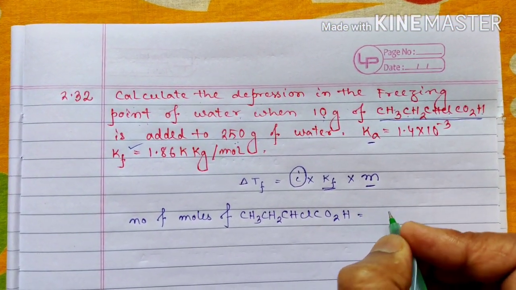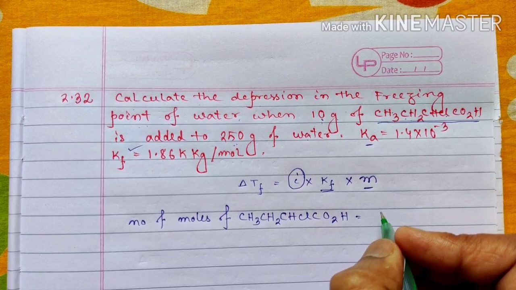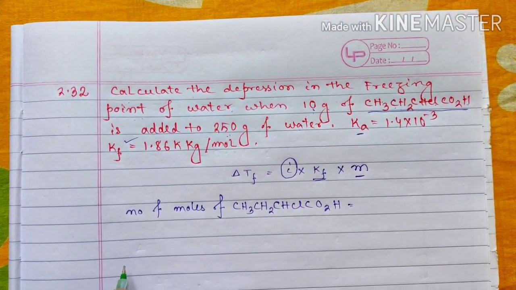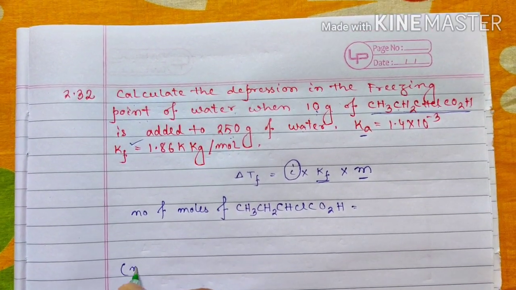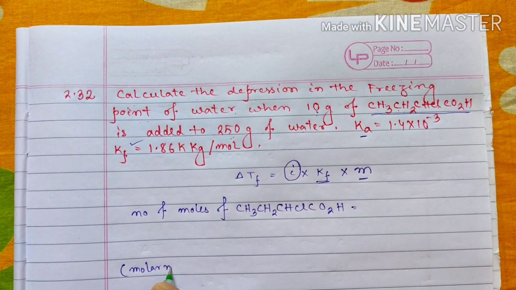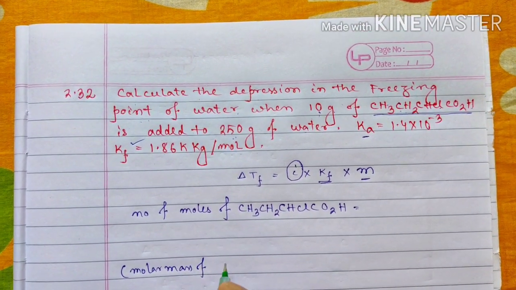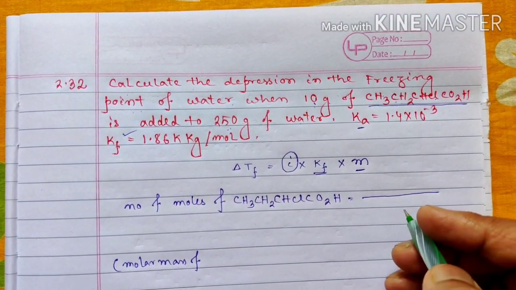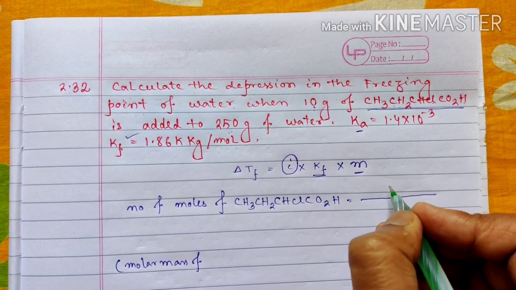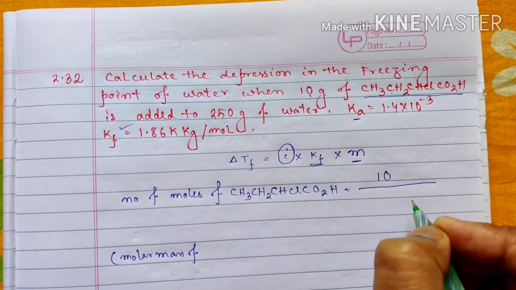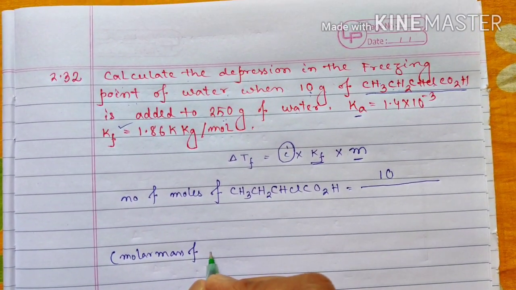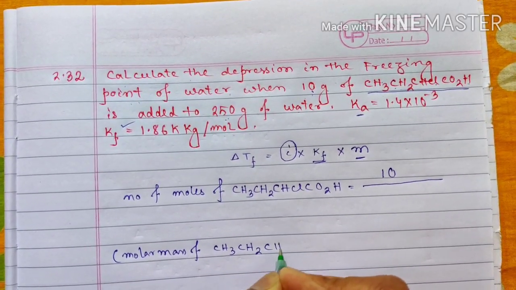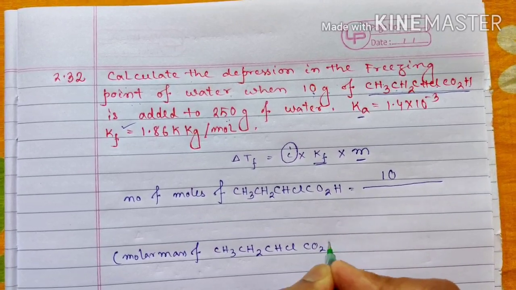That is the foremost thing that we have to calculate. To understand the number of moles, let us calculate the molar mass separately. It is the given mass by molar mass. So given mass is how much? 10 gram. Molar mass is how much? Let us calculate.